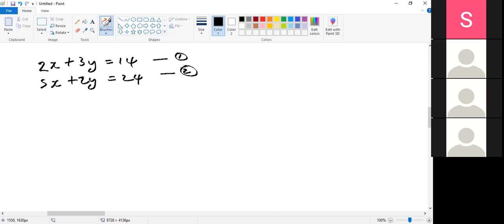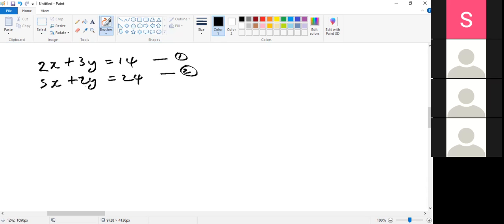You literally have to look and say, all right, I'm going to multiply equation 1 and 2 by something in order to eliminate the x or the y, whichever one we choose. You can't just multiply here, because you have a number beside the y and 5 beside the x.